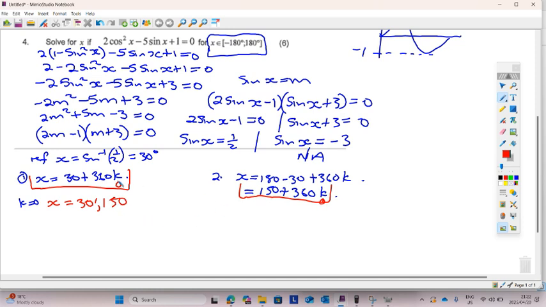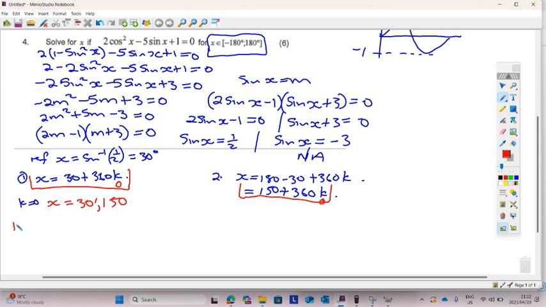Now, when k is equal to 1, we'll have 30 plus 360 times 1. That gives you 390, which is well above our range. Even this one, when k is equal to 1, will be way above our range.